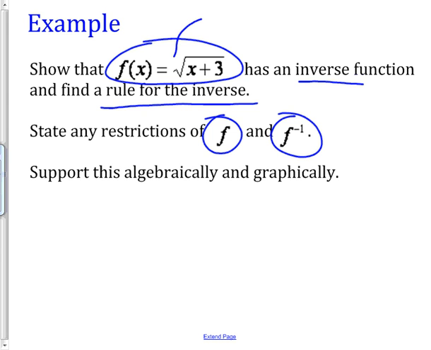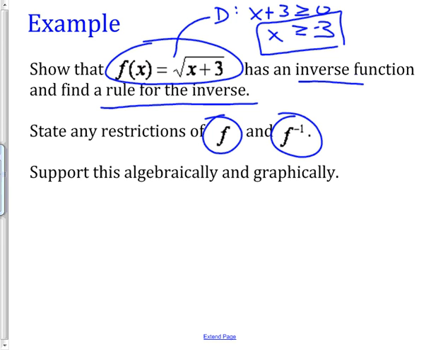What's the domain? x plus 3 has to stay greater than or equal to 0, so x has to be greater than or equal to 3. Whatever the domain is on the original one, that's what the range is for the inverse.